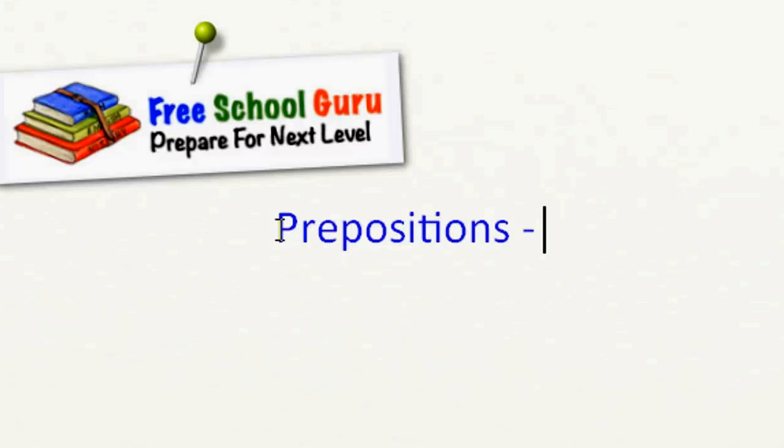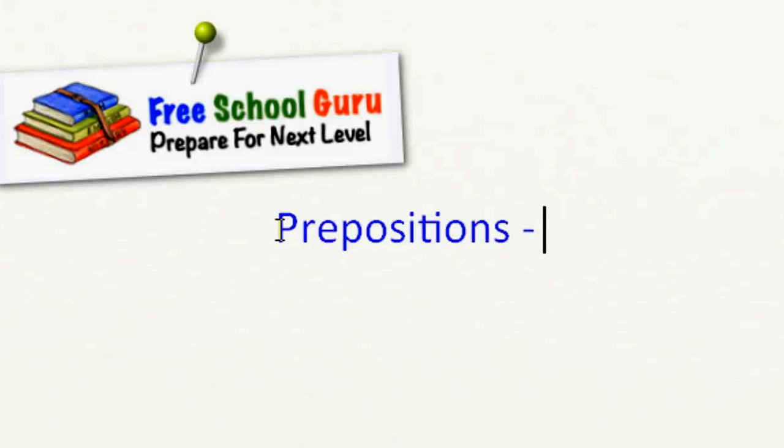Does it make sense? Now these relationships between the noun or a pronoun and the other words in a sentence can include direction, place, amount, time, right?